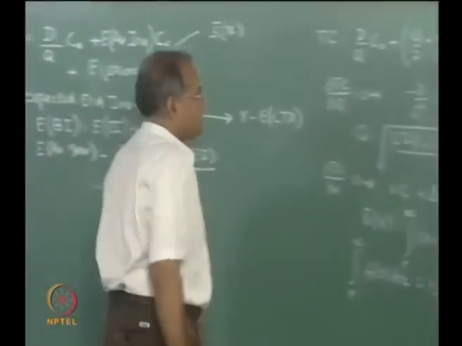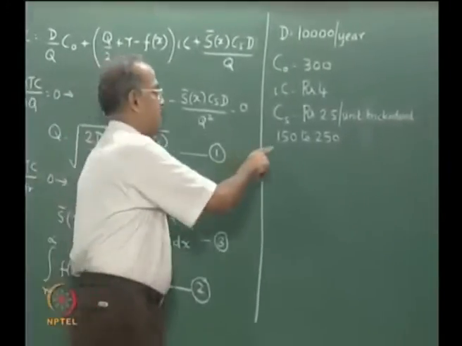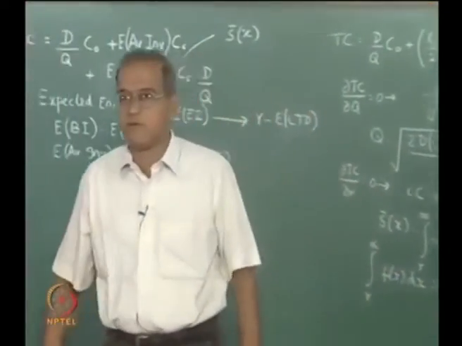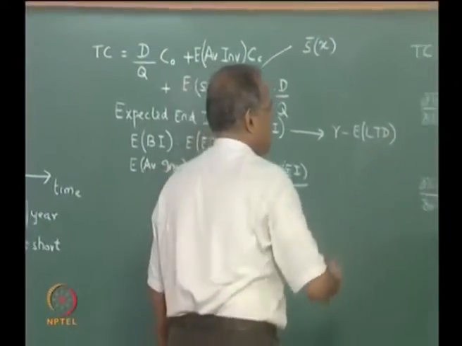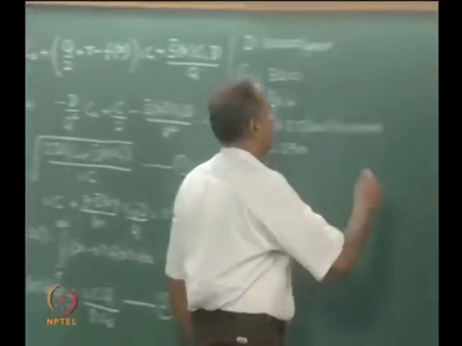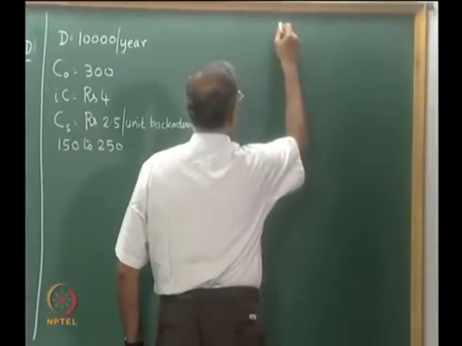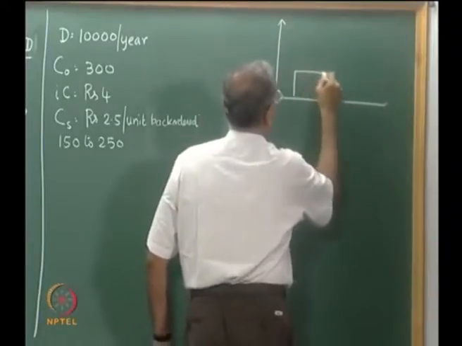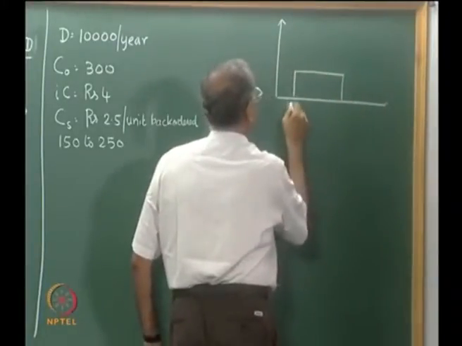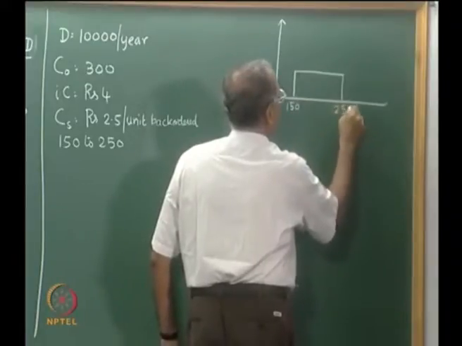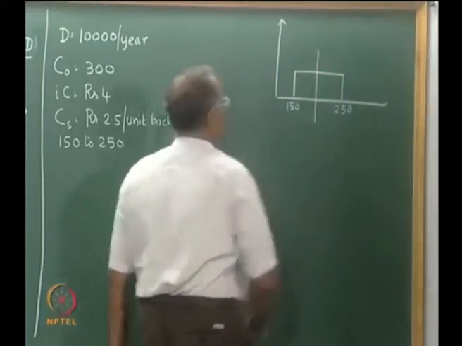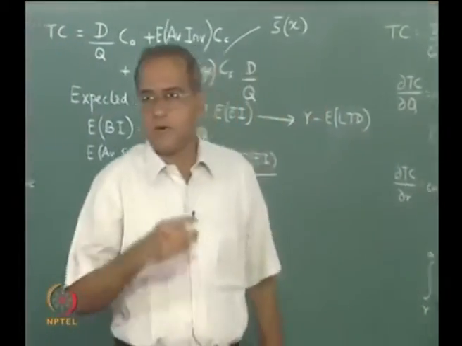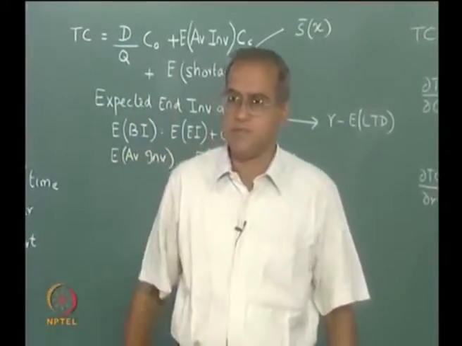Now, we are going to assume that it follows a uniform distribution between 150 to 250 with 200 as the expected value. We had already seen how the uniform distribution will look like. So, it is like saying this is how the lead time demand will look like. So, this is from 150 to 250 with equal probability with the mean at 200. So, we now want to find out Q and R as well as TC.